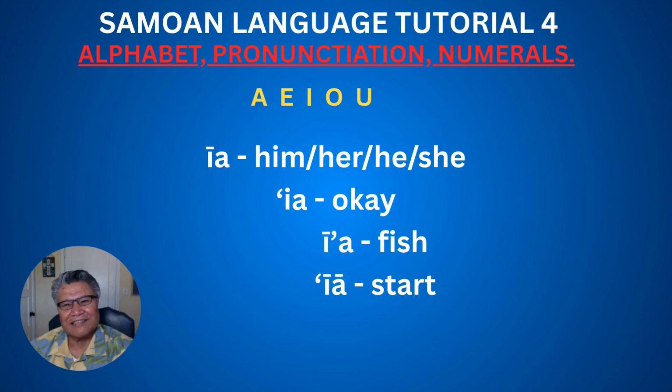So you see that there's like a Y pronunciation there between the E and the R. Kind of sounds like Eeyore. 'Ia is start, begin. And it usually is used to start a competition or have a race across the pool.